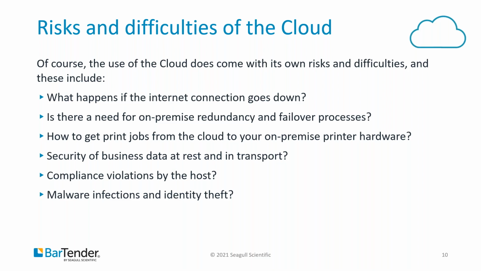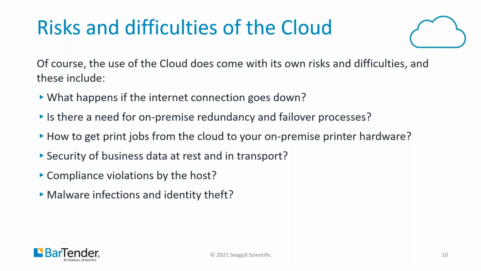Also, bringing the subject back to BarTender, because BarTender is essentially a printing application. If BarTender is running in the cloud, how can we get a print job from the cloud server down to an on-premise printer?